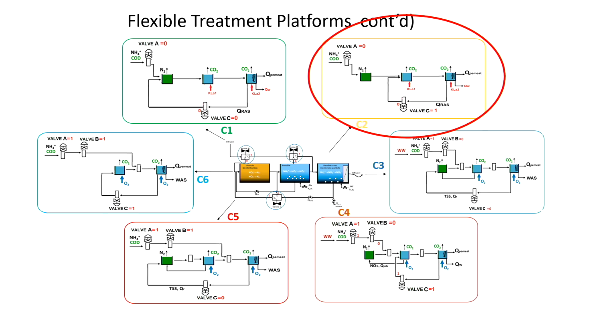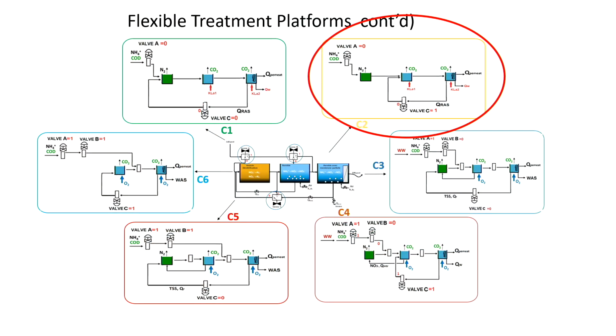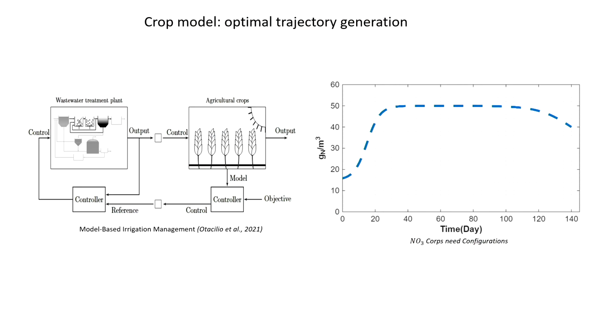Playing with these different valves, we can notably use what we call here the configuration C2, which was the best in terms of time response in order to switch between different treatments where we keep the nitrogen or not. So now we concentrate on this approach.